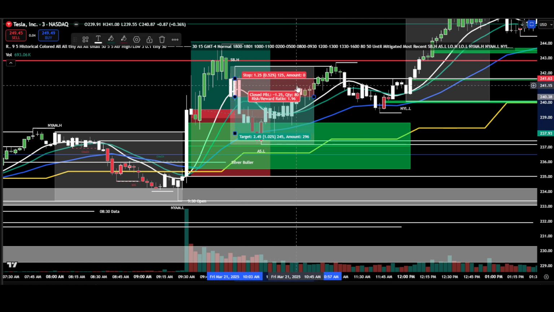Okay. So there's 2 for 2 on the 3-minute where we would have got stopped out using the aggressive strategy on the 1-minute, which was the same on QQQ, right? We got stopped out on a couple 1-minutes, but the 3 minutes gave us the opportunity to still use that more aggressive stop loss, which allowed us to set those take profit targets a little bit lower and still get our 2-to-1.